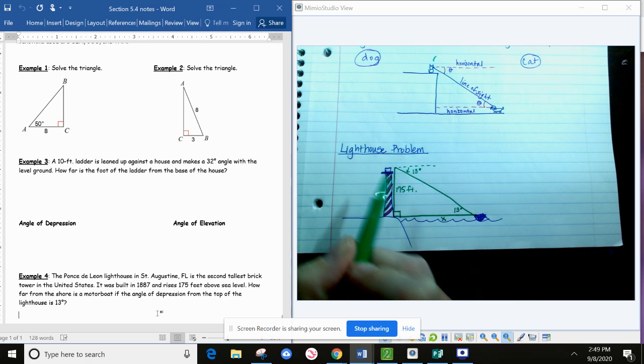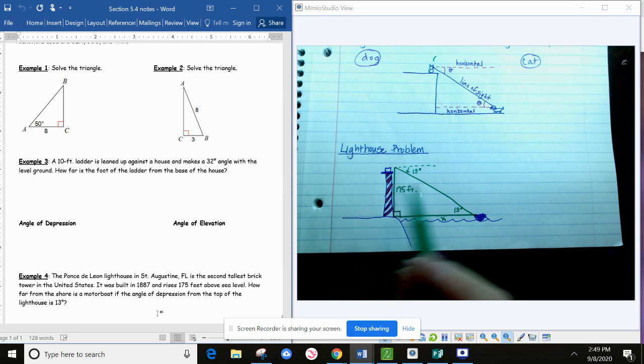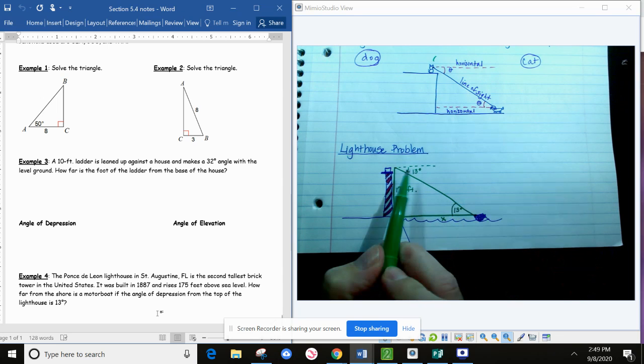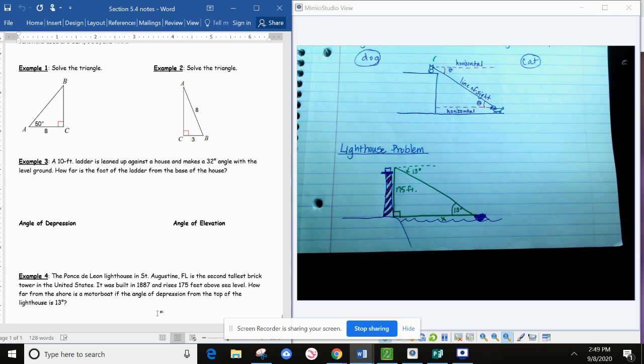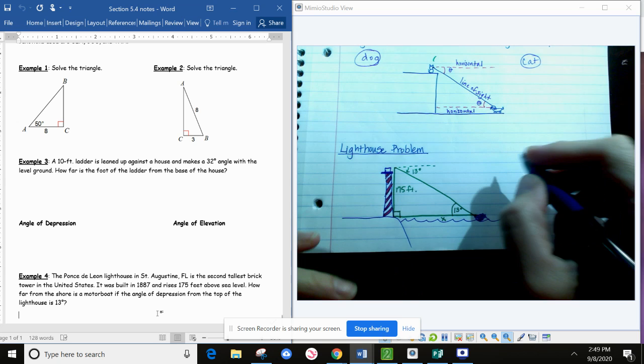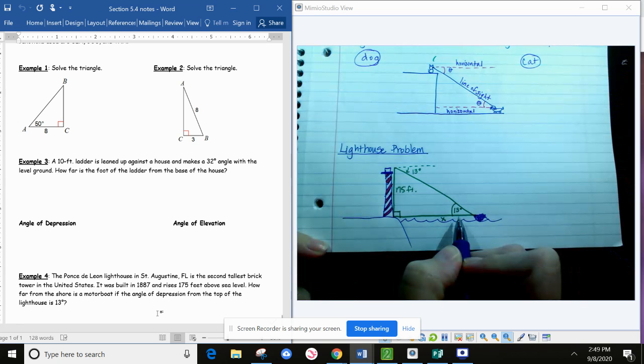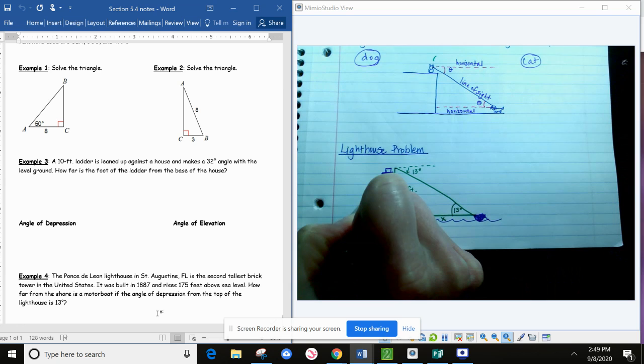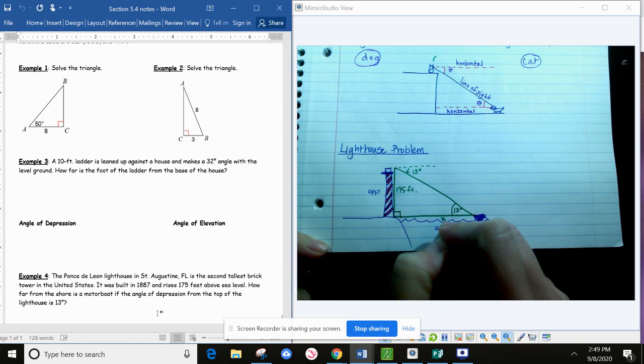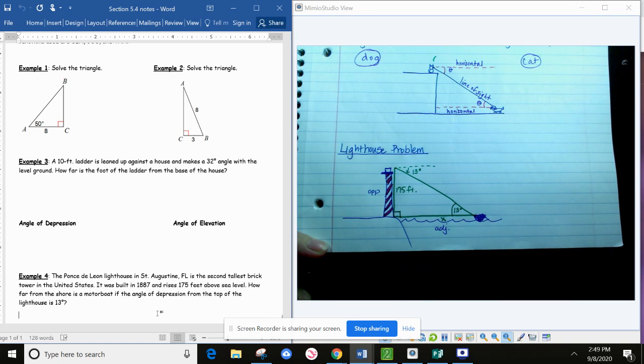So we're going to use that angle instead of this depression angle because they are the same thing. And it's easier because it's not an upside down triangle and we can just leave it how it is. So according to this angle, we've got the opposite side is the height of the lighthouse and the adjacent side is the one we want to find. That is a tangent problem. So we're going to use that ratio.